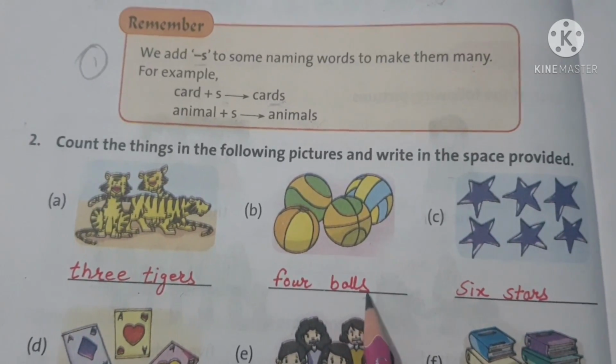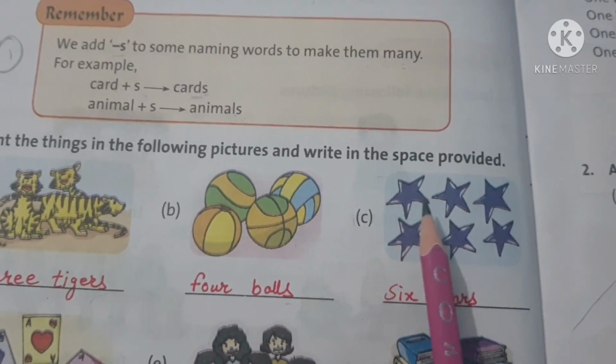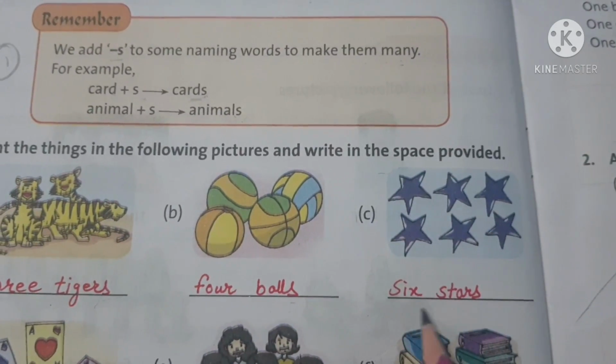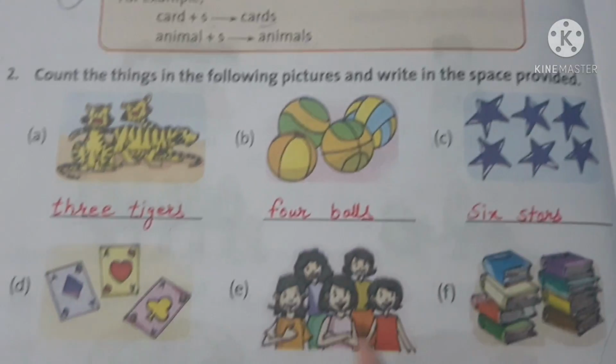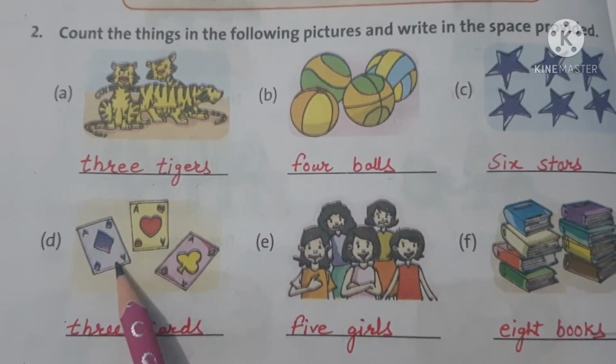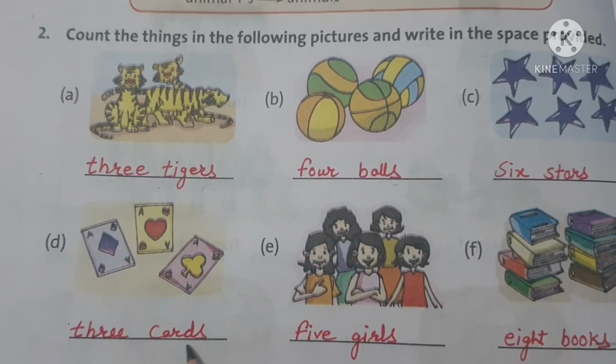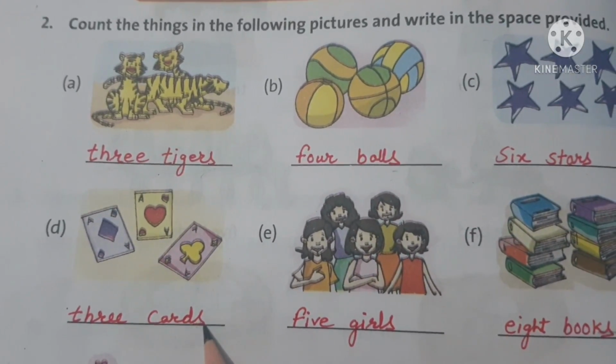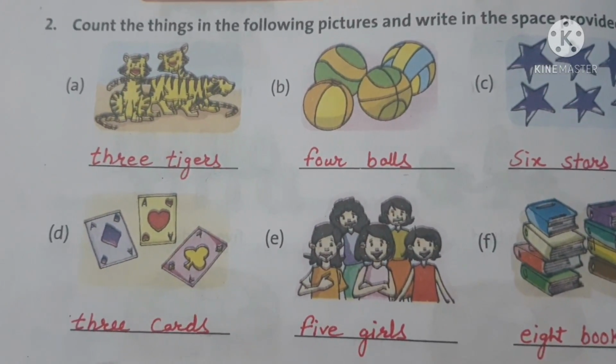We have simply added s in the end. Now one star, and when we have more than one, what will we say? 6 stars, right? Now one card, and when we have more than one, we will say cards, right? Here we have 3, so 3 cards. Simply we have added s in the end.